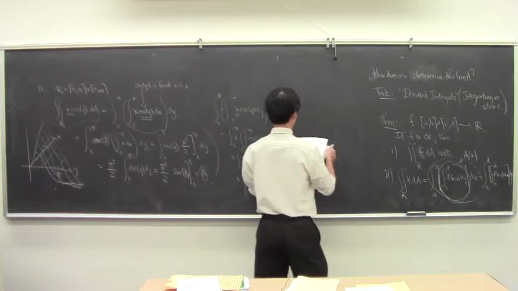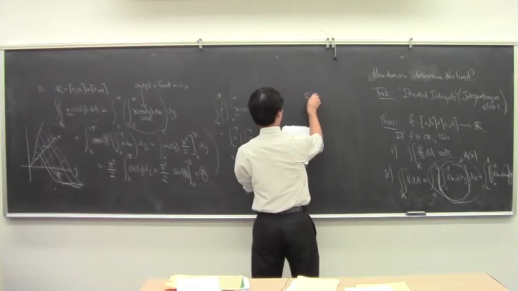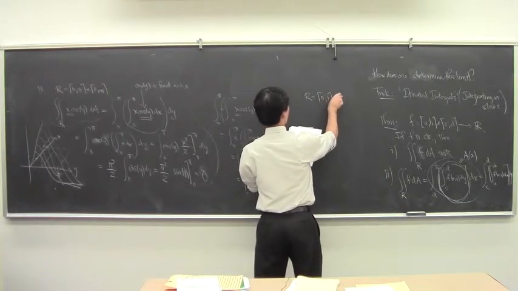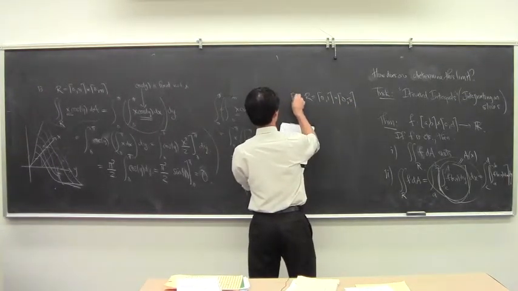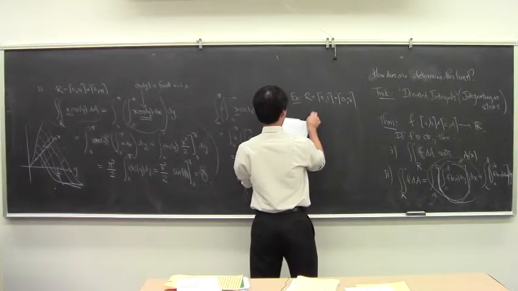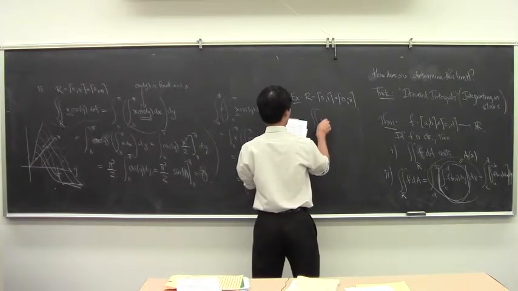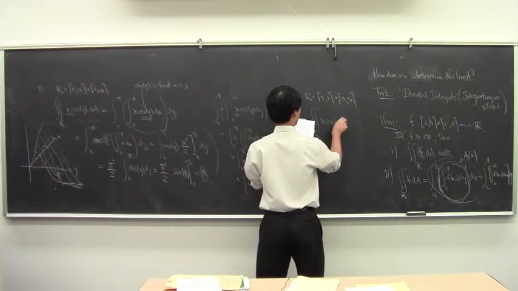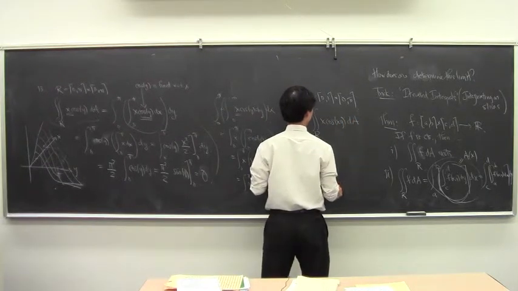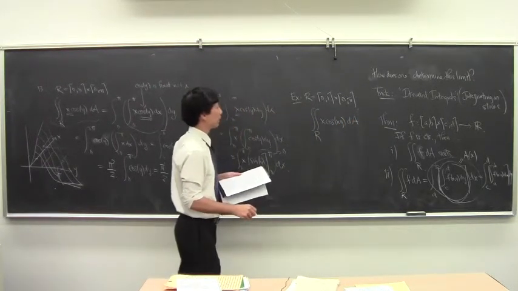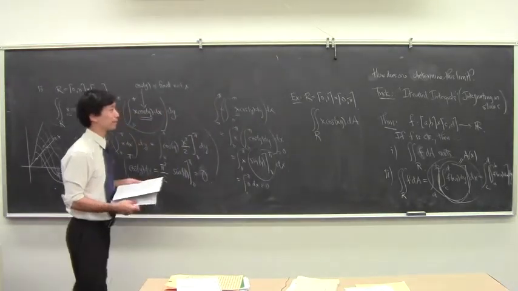Here's another one. R is the rectangle given by this, and you are going to integrate over R x cosine xy dA. Okay, give it a try.